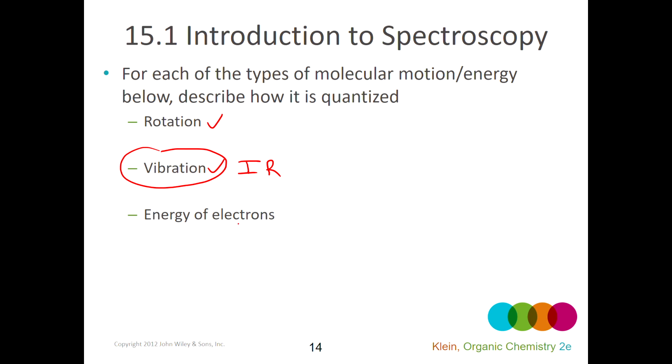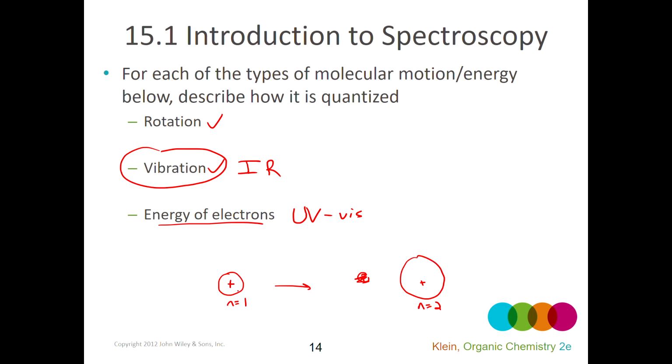But just to review another example, we know that the energy of electrons is also quantized. This relates to UV-Vis spectroscopy that we're going to talk about in OChem 2. Just to remind you of that from general chemistry, if I have a hydrogen atom with one proton and an electron in n equals 1, what has to happen for the electron to move into n equals 2?